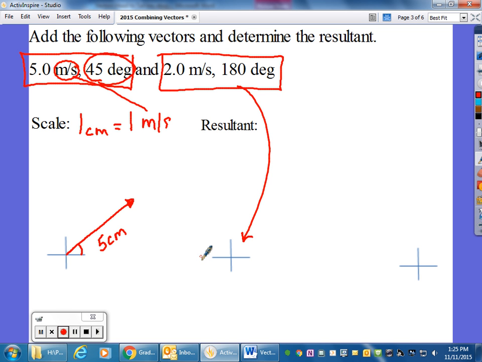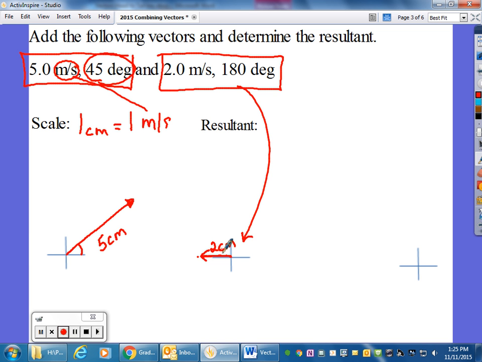Same process, just follow the same process every time. Put a little dot for your guide. Get your ruler out. Measure 2 centimeters. And draw your line, and again, I'm going to draw mine a little bit bigger than that 2 centimeters so you can see it. And this is 2 centimeters because it matches up with this vector.